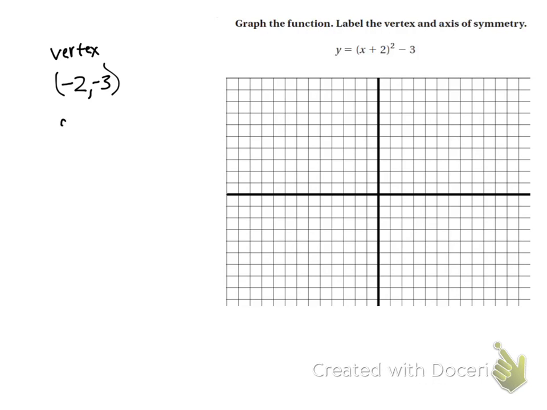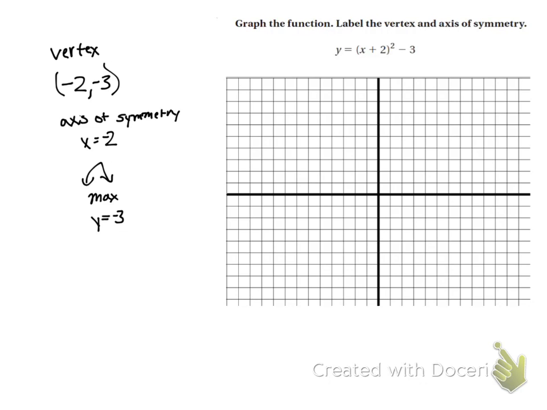Our axis of symmetry is x equals negative 2. It opens down because it's negative, therefore it has a max. And the max would be y equals negative 3.